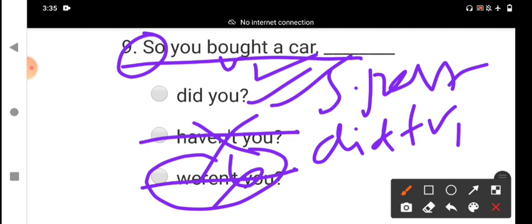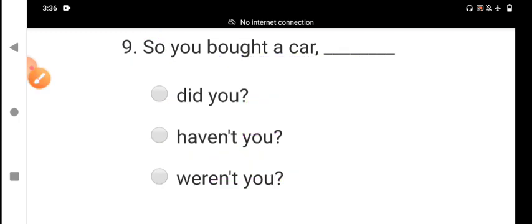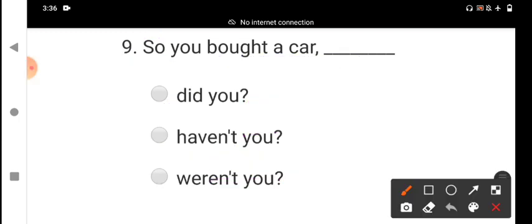This is the tag we have selected, which is positive. The statement is you bought a car. That means it is a positive statement. There is no answer here. Sorry, my dear students. The right answer is not there.